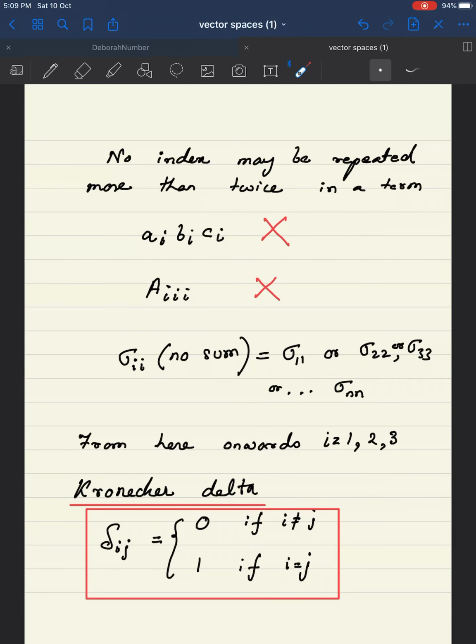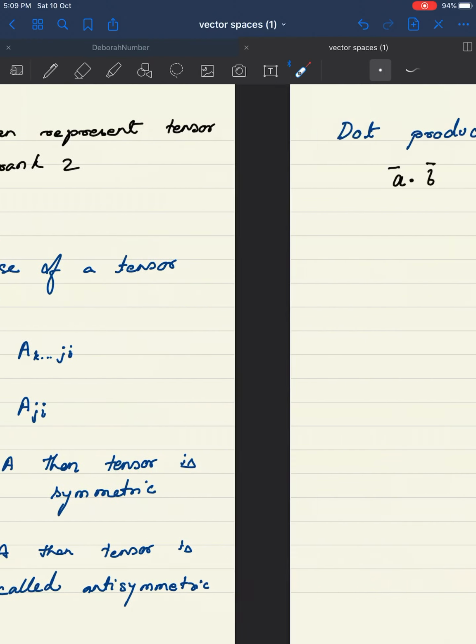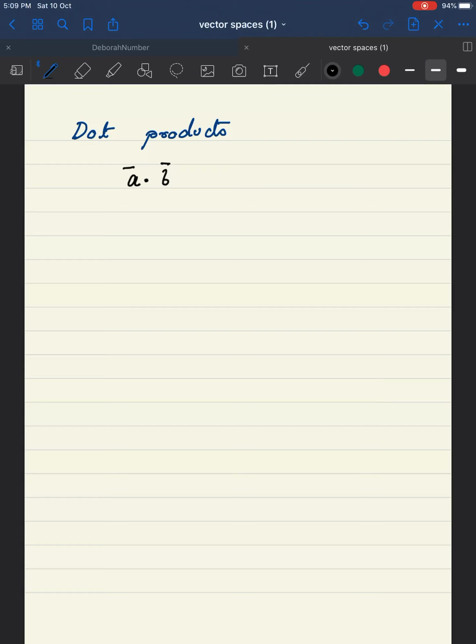But when I'm not writing it in the index notation, then I will put a bar over the letter to indicate whether it's a vector or tensor. Please let me know later on if I missed this. That's what I'm trying to do.